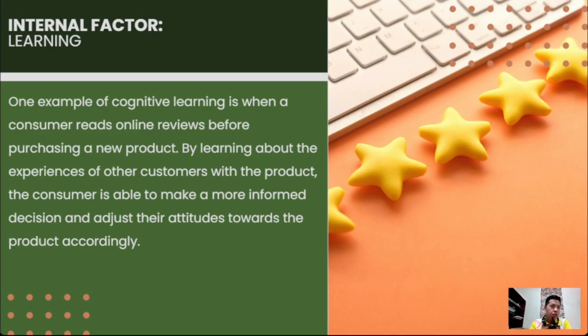We at some point have to visit the reviews of these products. So we ask, or at some point we investigate, how other customers or consumers have experienced this particular product that we're interested in. And that is an internal factor called learning at the cognitive level.